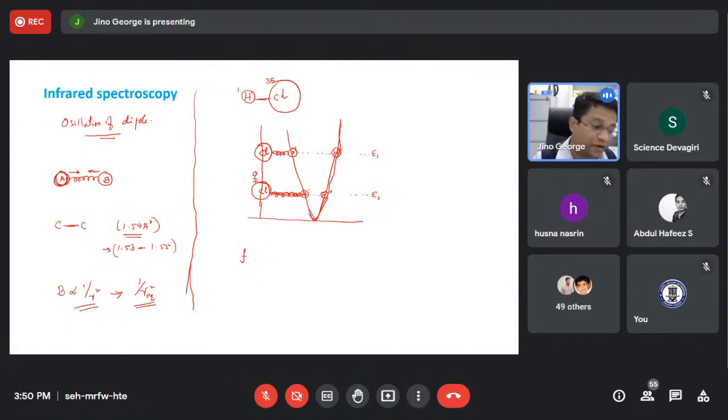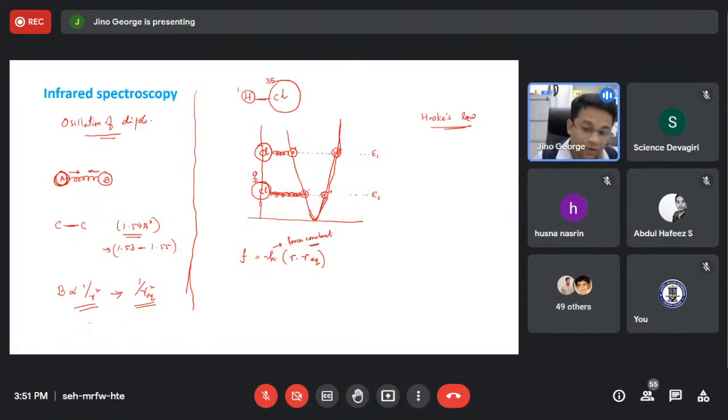You have studied maybe in your higher secondary something called Hooke's law. I remember I did this in higher secondary school, in a physics practical class, to find the force constant of a spring, right? This is Hooke's law. Using Hooke's law, F is equal to minus k into (R minus R equilibrium), where k is the force constant.